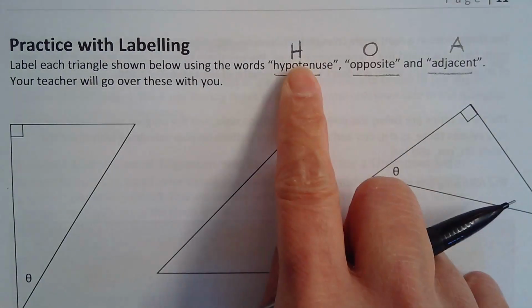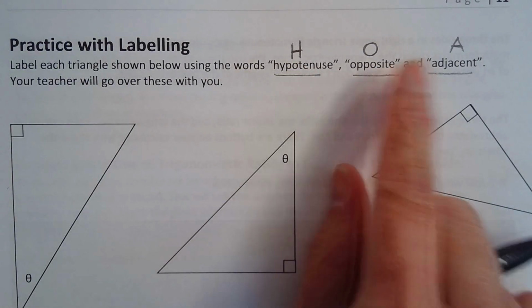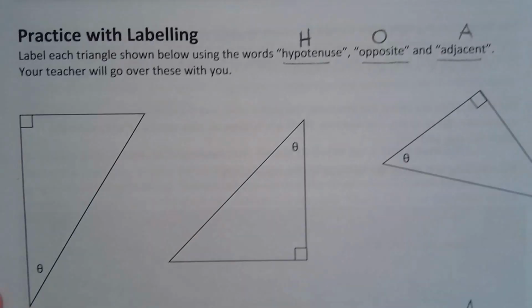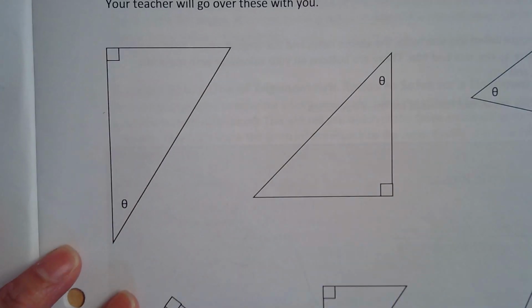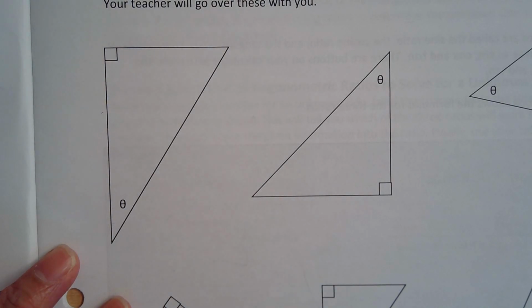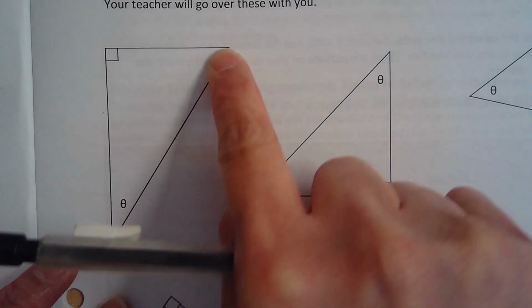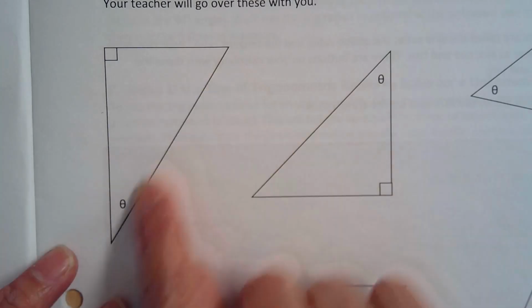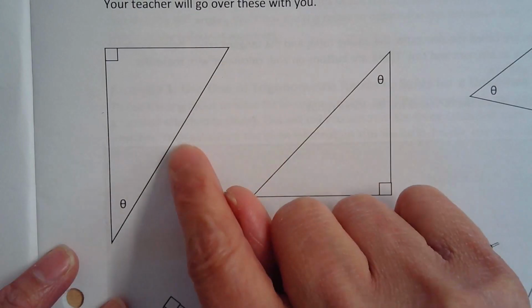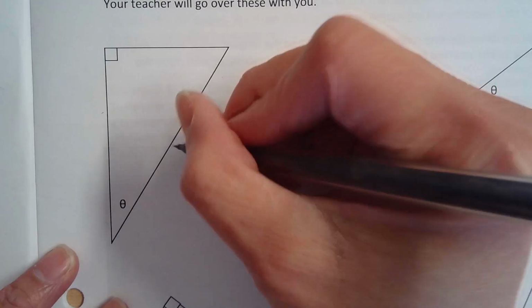Now I'm gonna point at something and you tell me which one it is. I'm gonna point at this one here. This side is the H, hypotenuse.